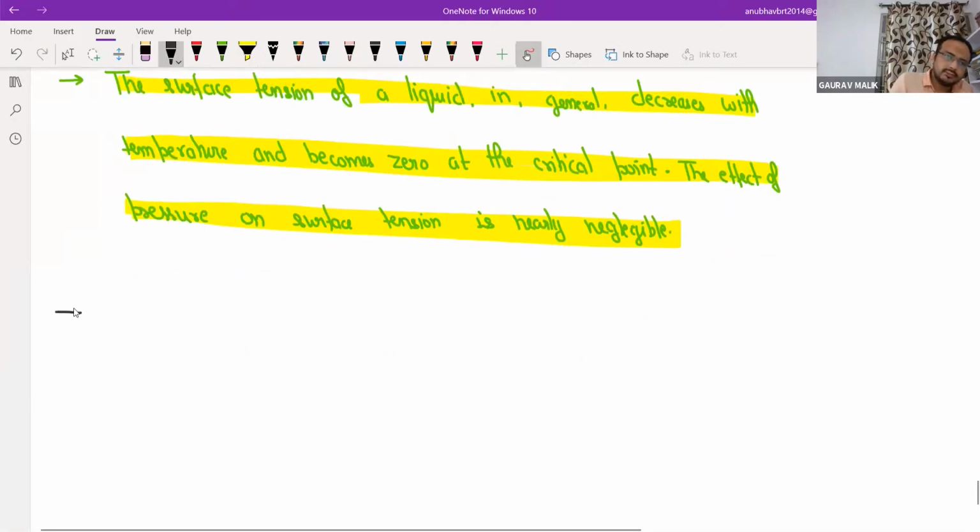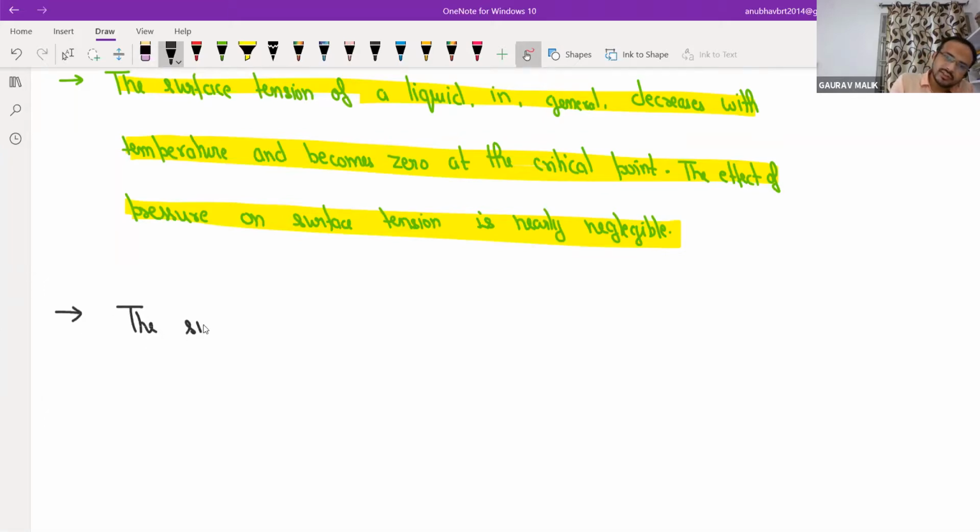Now next point. We know that we can change the surface tension of a fluid after introducing some substances into that fluid, and generally those substances are known as surfactants.